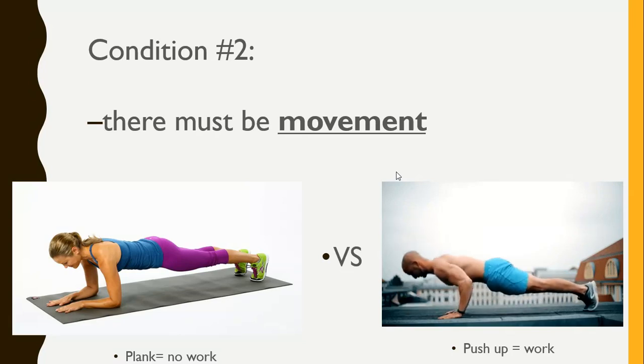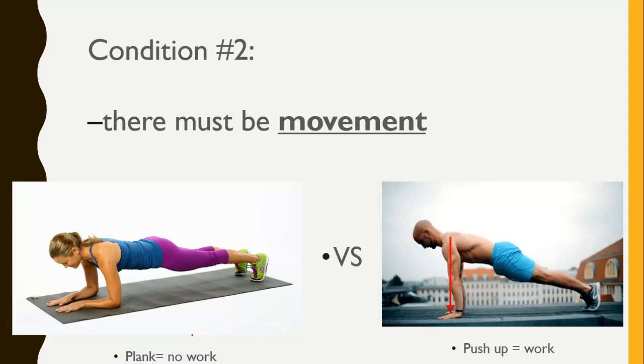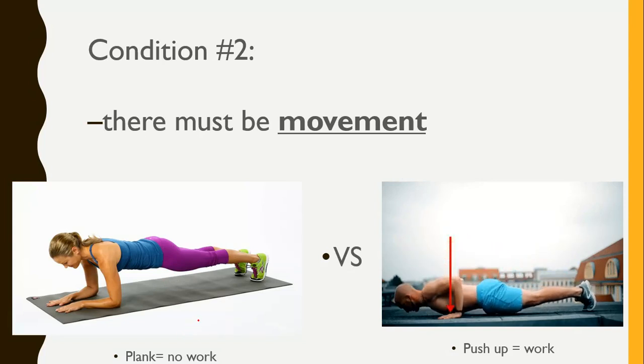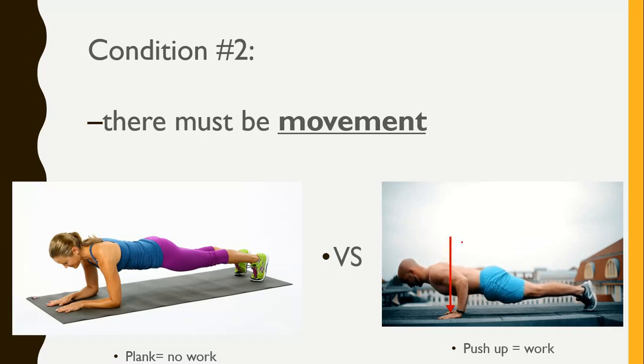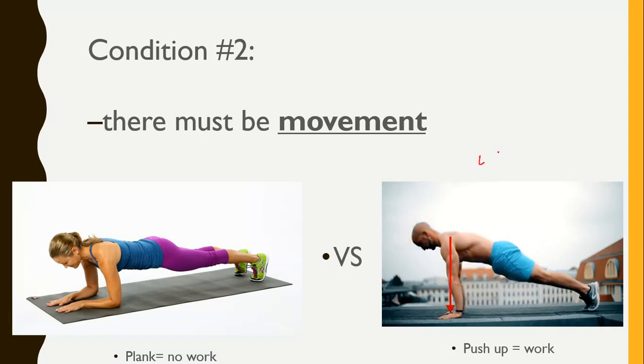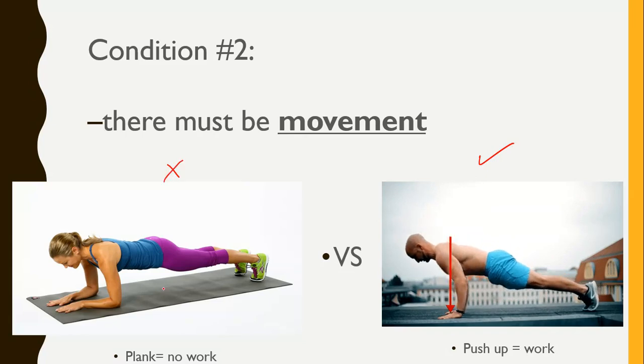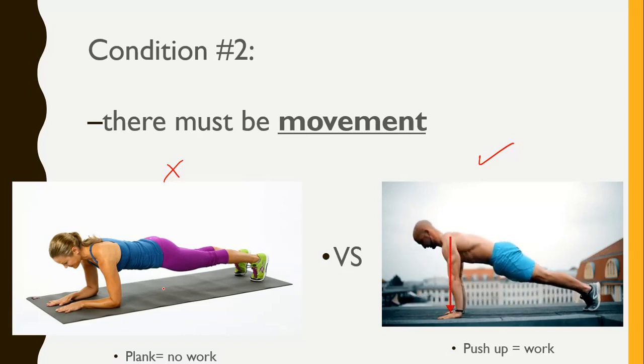So a plank is, in physics, you're not doing work, okay? But a push-up, you're applying a force, a push, and you're moving. So this would be work, this would not be work in a physics context. Okay, in the real world, obviously, if you've ever done a plank, you know you're doing work, but that's not the physics definition of work.